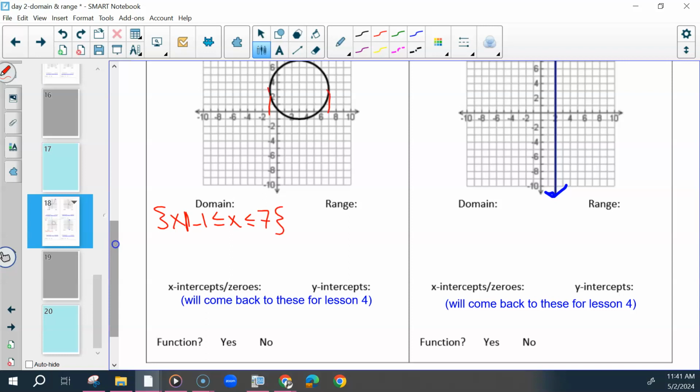You have to be able to go back and forth between the two. Which ones have all real numbers, or greater than a number, or less than a number, or which ones have both. What would the range be? Any number greater than -1.